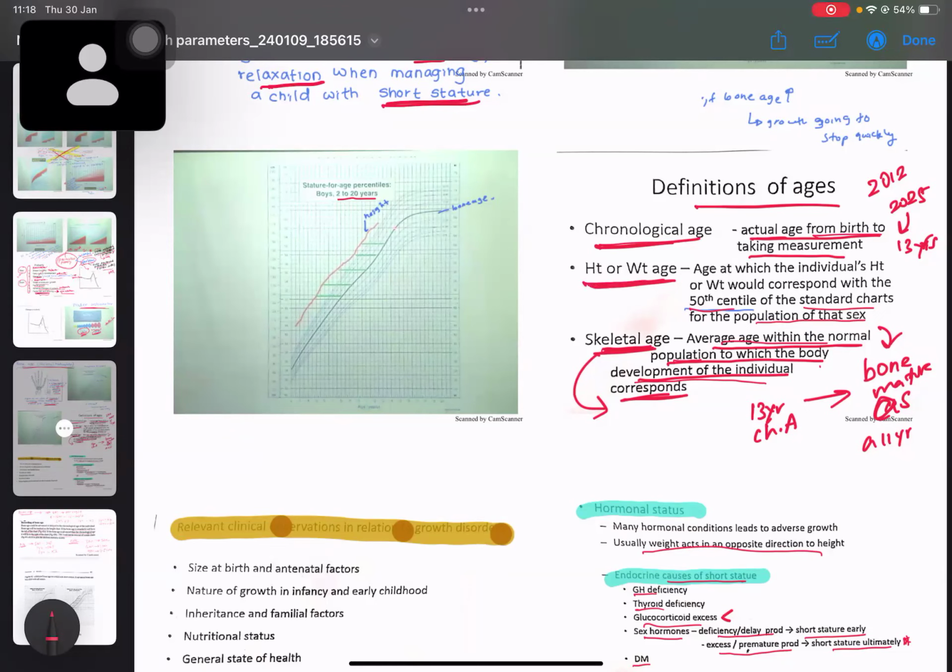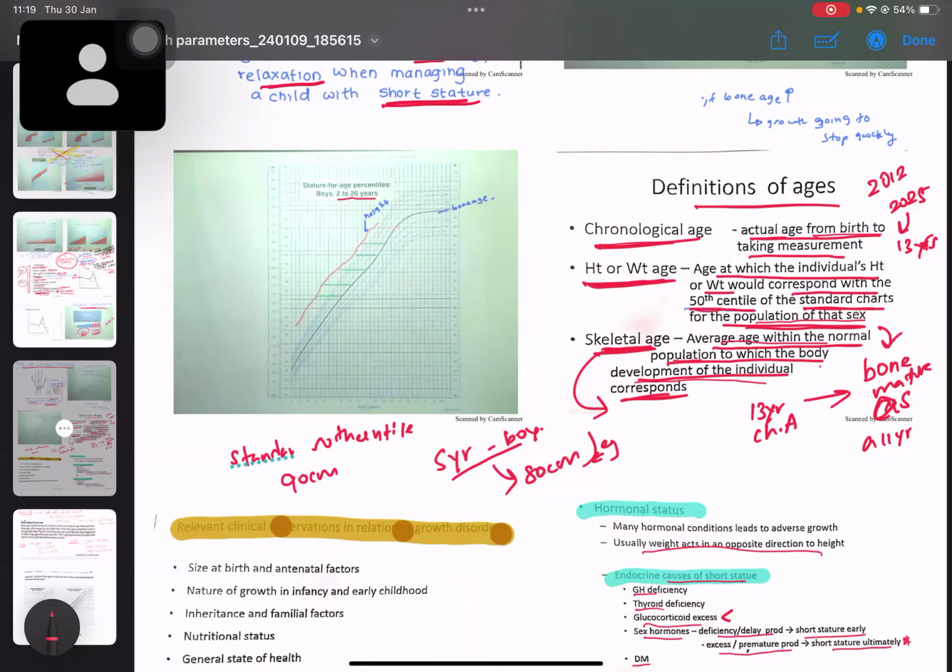It means the age at which the individual's height or weight would correspond with the 50th centile of the standard charts for the population of that sex. Example, if the child is 5 years and a boy and his height is 80 centimeters, but the standard 50th centile, the average for a 5-year-old boy, would be 90 centimeters.